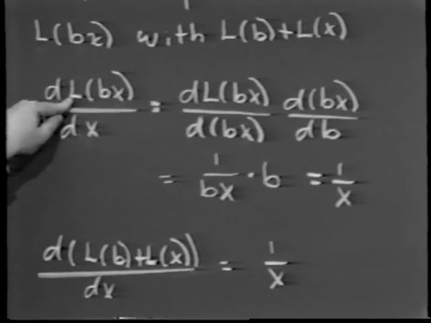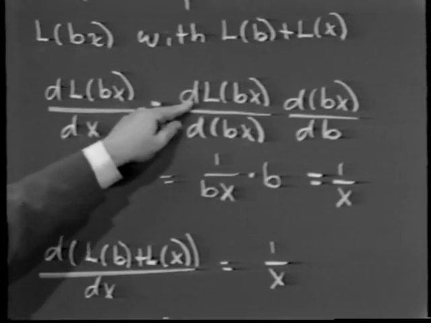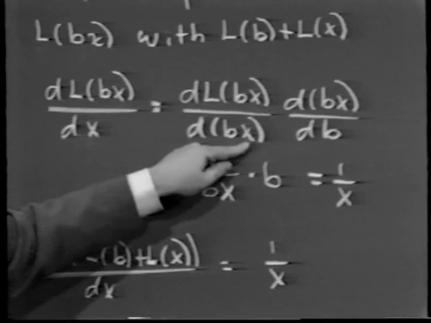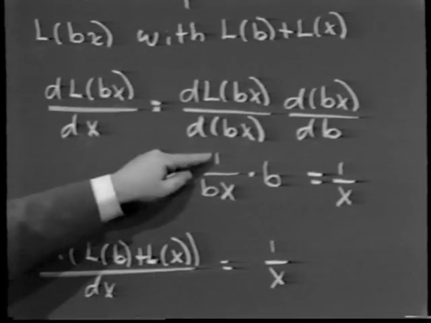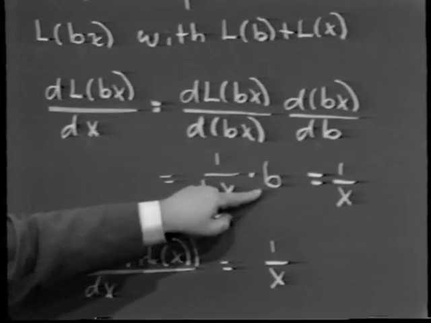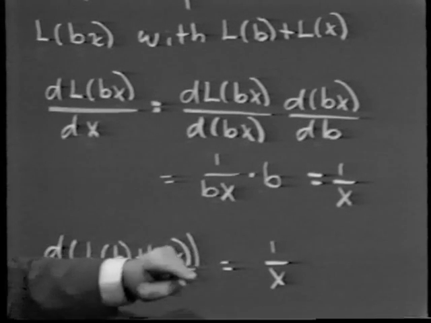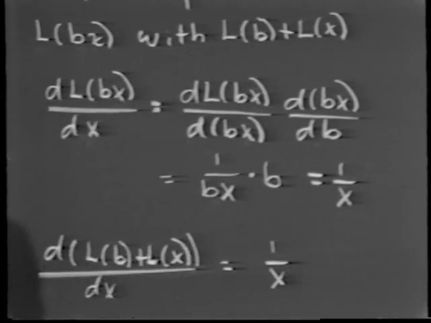Namely, we rewrite the derivative of L of bx with respect to x as the derivative of L of bx with respect to bx times the derivative of bx with respect to x. And in this way we get what? The first factor is 1 over bx. The second factor is b itself. Remember, b is a constant. And therefore, the derivative of L of bx is 1 over x.